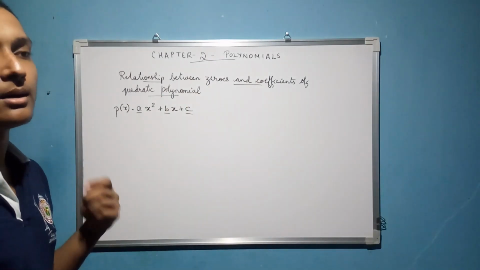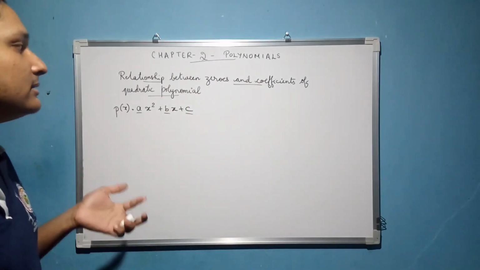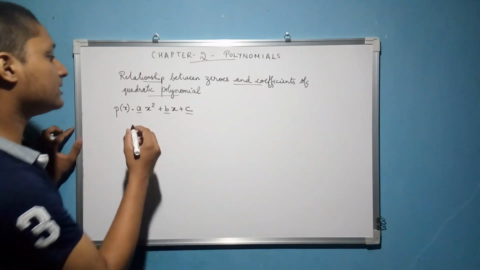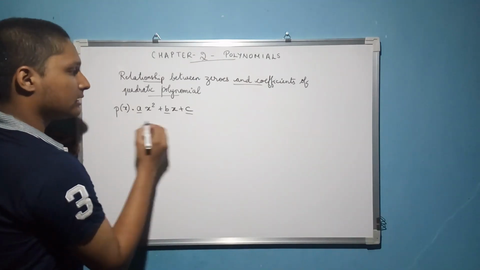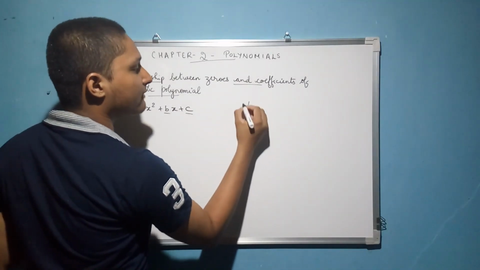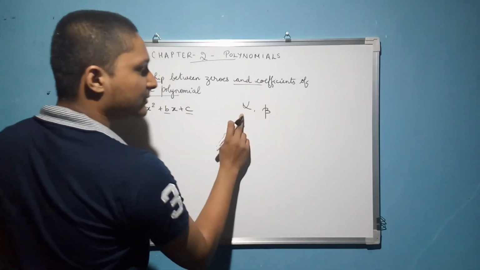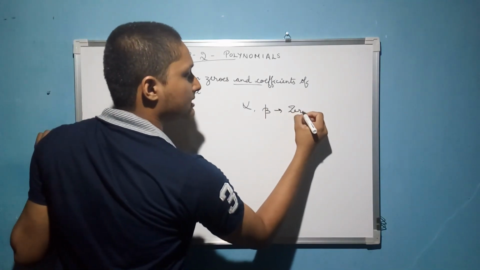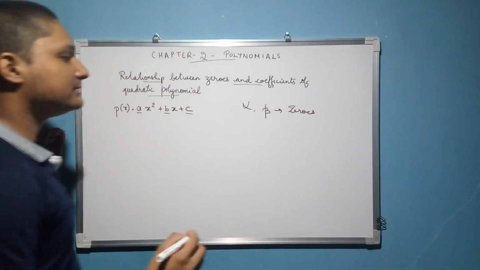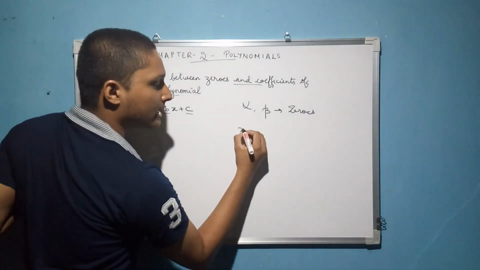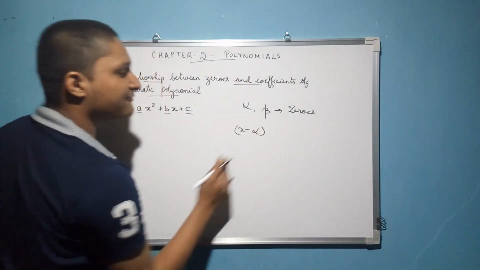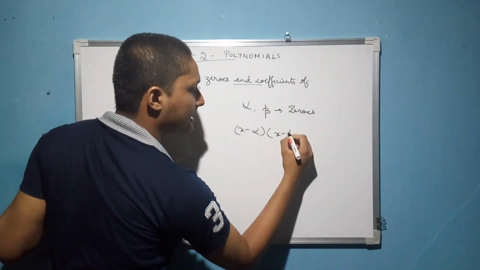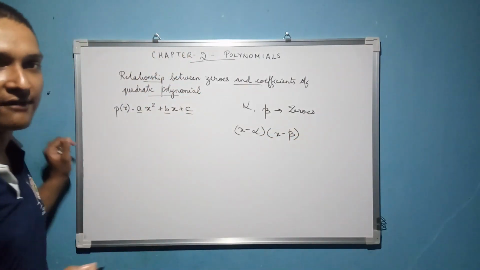Okay, but in the previous year, you have learnt about factor theorem, right? So from factor theorem, you can understand that if alpha and beta, let me take this is alpha and this is beta, they are the zeros of this polynomial, then by factor theorem, x minus alpha is a factor of p of x and x minus beta is also a factor of p of x.